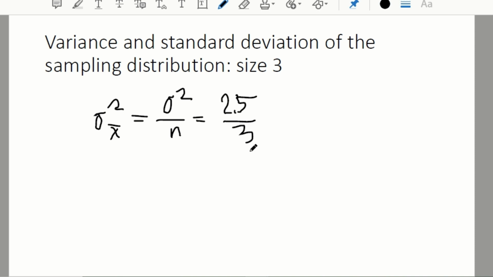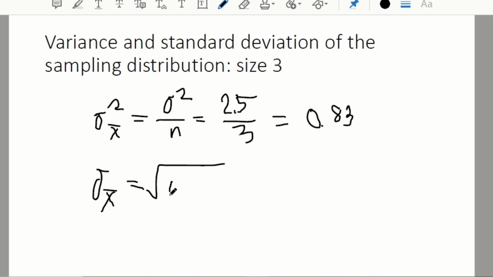So 2.5 divided by 3 is 0.83. Therefore, the standard deviation is just the square root of 0.83, which is equal to 0.91.